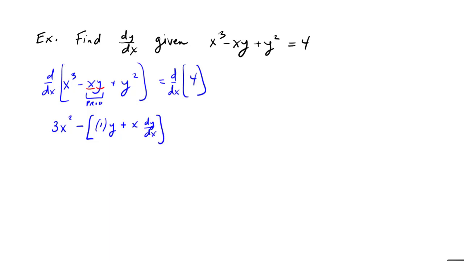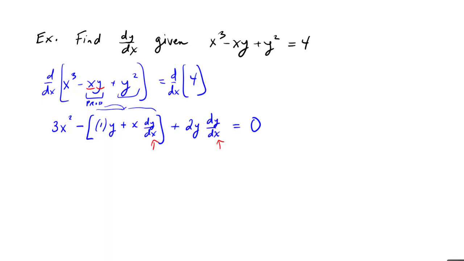Okay, so this is the entire result of the product rule applied to xy. Then I get plus, and I have to handle this y squared, but that's 2y dy/dx because it's a y term, equals 0.